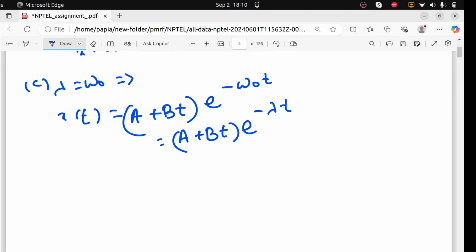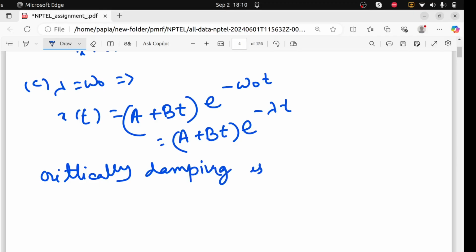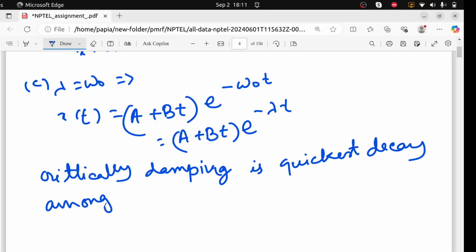Sir was discussing which one decays quickest, and we can see that critical damping is the quickest decay among all three conditions.